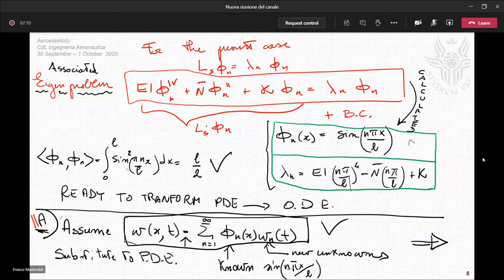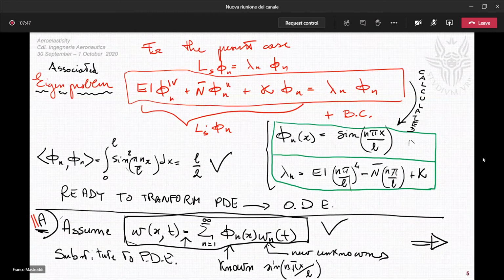Note that I am not assuming a special hypothesis like separated variables. No. The concept of separated variables is a natural consequence of this point. It's not a constraint, it's not an approximation. This expression is exact. If you have a set of orthogonal functions and these functions are able to span all the space of functions in that interval, this expression is valid and this series converges at any time exactly to the solution.